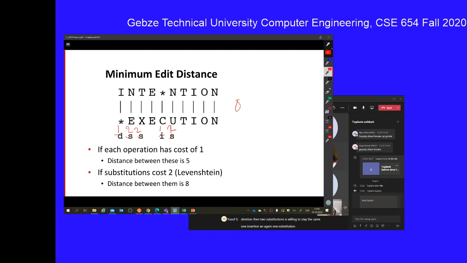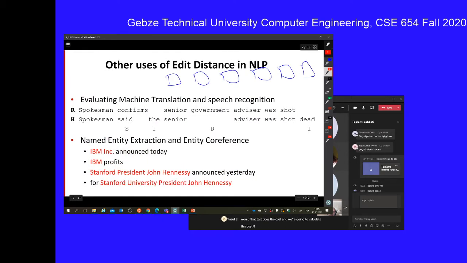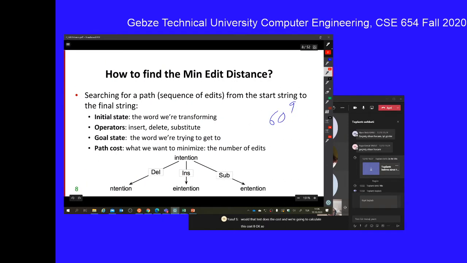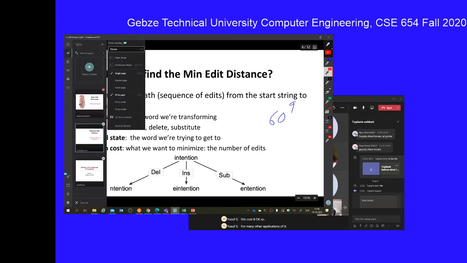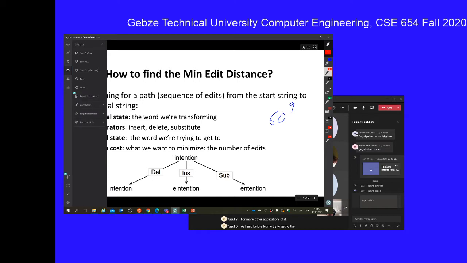That's the cost, and we calculate this cost as 8. So there are many other applications of it.